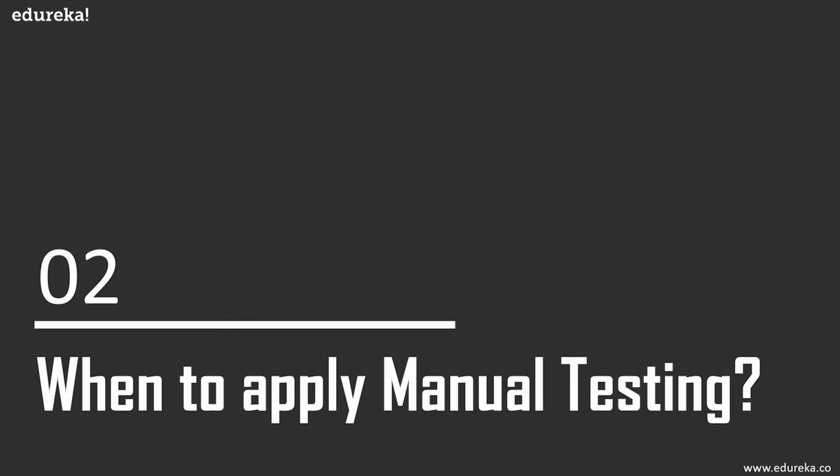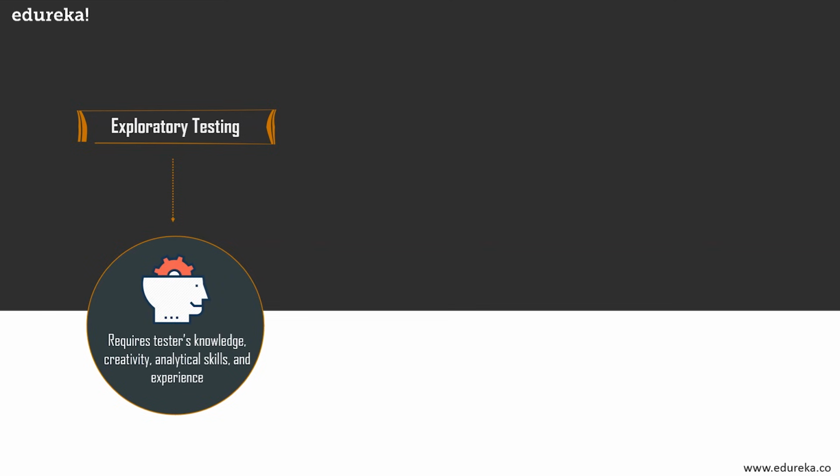So you should know when to choose manual testing, right? Let's take a look at a few scenarios where you can apply manual testing. The first such scenario is exploratory testing. Well, exploratory testing is carried out by domain experts. So this type of testing requires testers' knowledge, experience, analytical skills, logical skills, creativity, and intuition. Here, the test is characterized by poorly written documentation or a short time of execution.